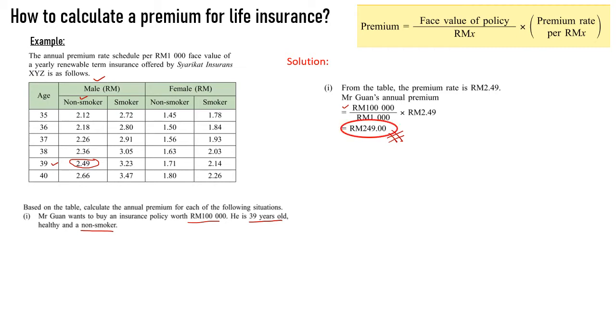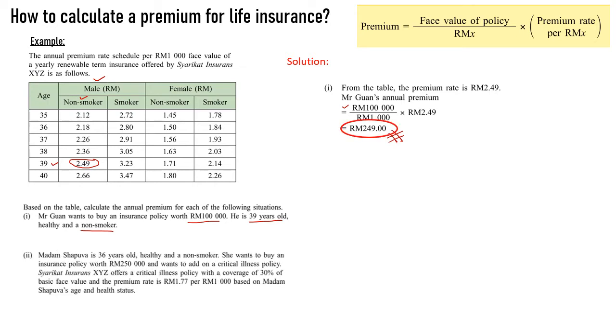Now, let's look at situation 2. Madam Shapova is 36 years old, healthy and a non-smoker. She wants to buy an insurance policy worth 250,000 and wants to add on a critical illness policy.